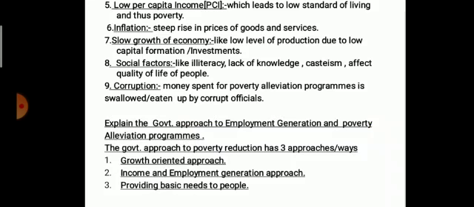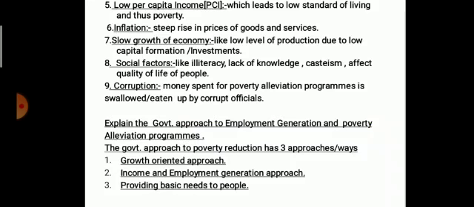Seventh one is slow growth of economy. We have seen in the second point itself, rapid growth of population, that is population is increasing at a faster rate than the economic development rate. Slow growth of economy, like low level of production due to low investments, shortage of funds in the country, due to which there is a low level of production.